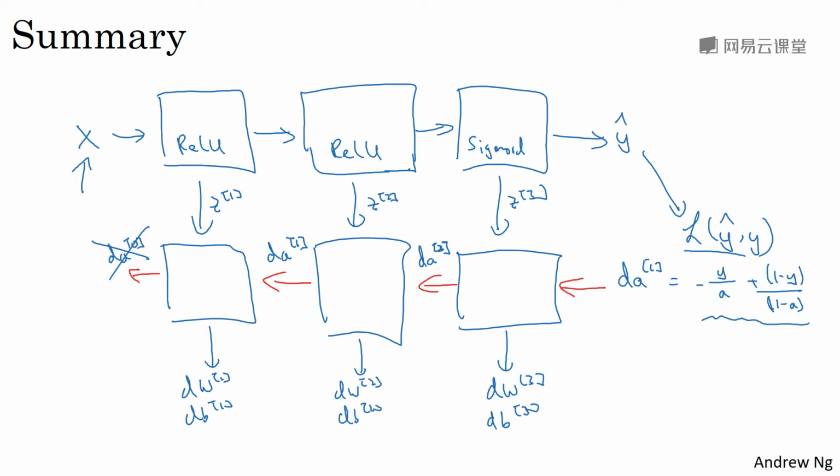If you're familiar with calculus, if you look up the loss function L and take derivatives with respect to y hat or with respect to A, you could show that you get that formula. So this is the formula you should use for dA for the final layer, capital L.